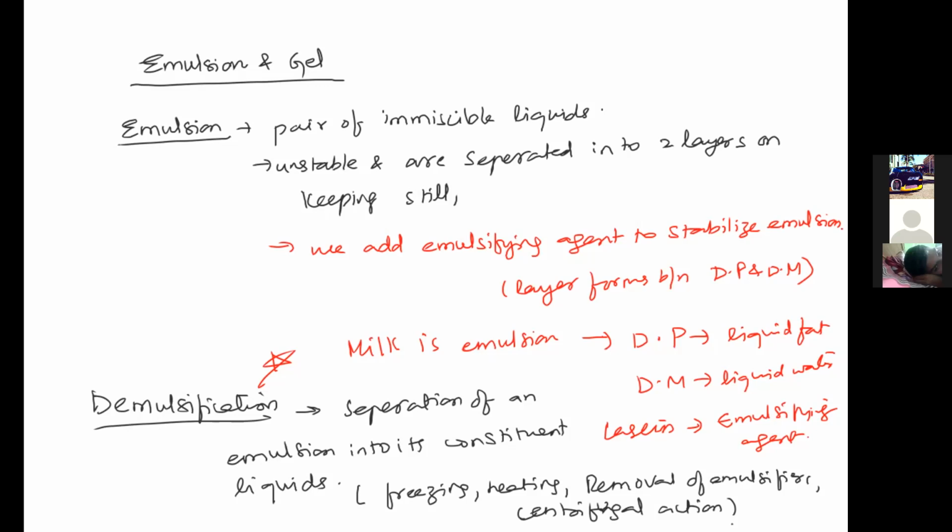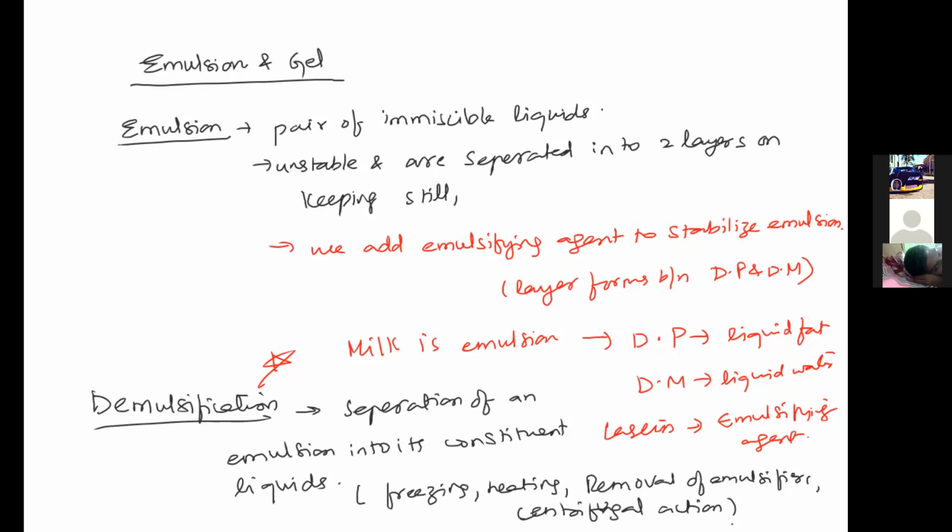How do you identify whether it is oil in water or water in oil? You do a dilution test. An emulsion can be diluted with any amount of dispersion medium, while the dispersed liquid forms a separate layer. If a few drops of water added to the emulsion are soluble in it, it is oil in water type.